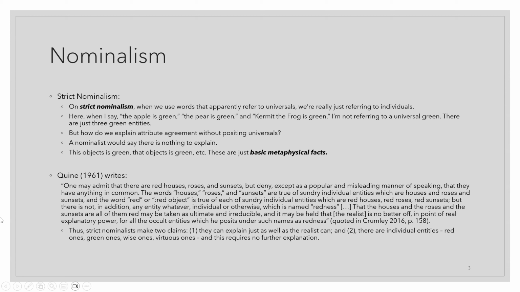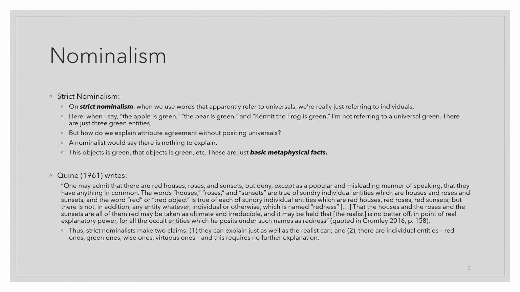unpacks this quite well. There's a quote on page 158 in Crumley, which I'll read to you now. This is from a paper Quine wrote called On What Exists. He writes, one may admit that there are red houses, roses, and sunsets, but deny, except as a popular and misleading manner of speaking, that they have anything in common.